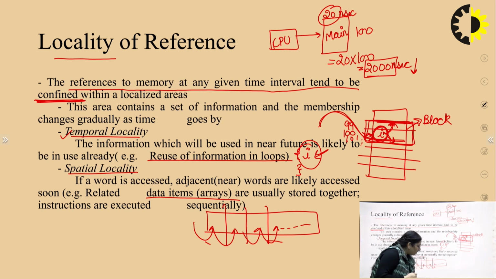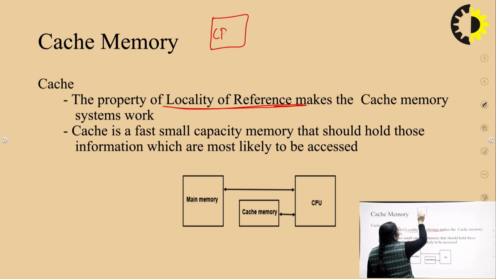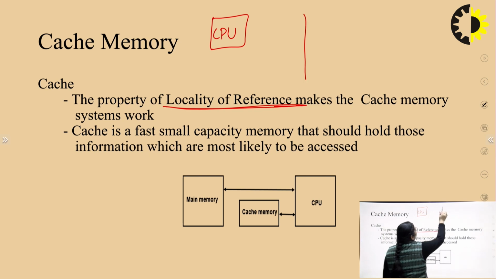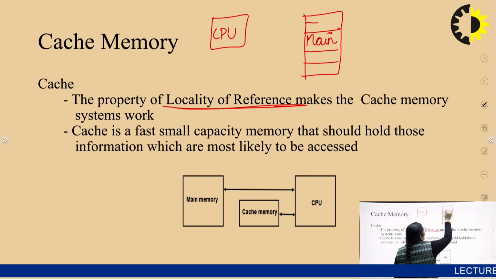Fine. Now our objective is to make a faster memory. On the basis of this locality of reference principle, what we do is this: the CPU accesses the main memory, and it accesses a particular data item, for example here.